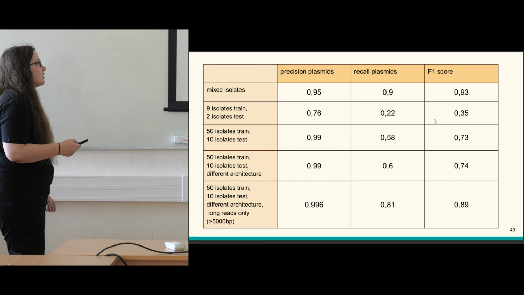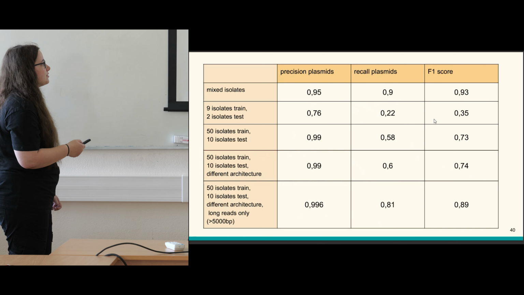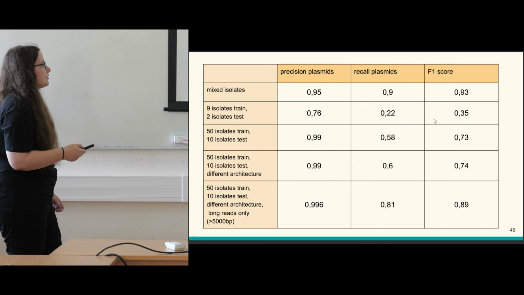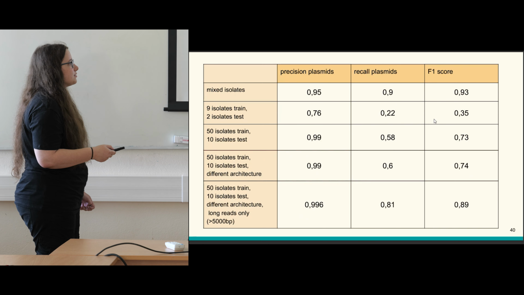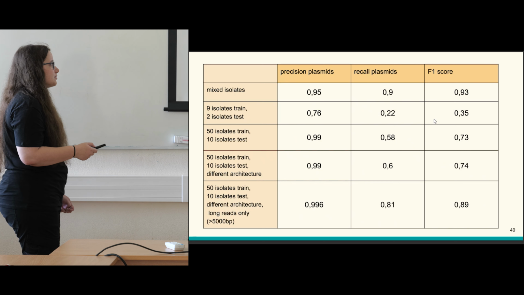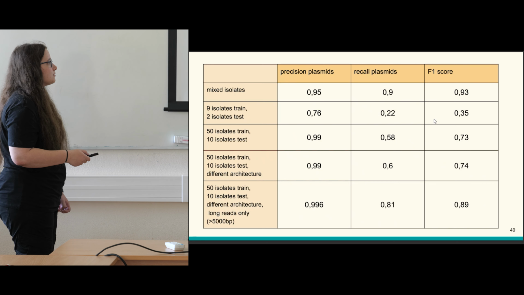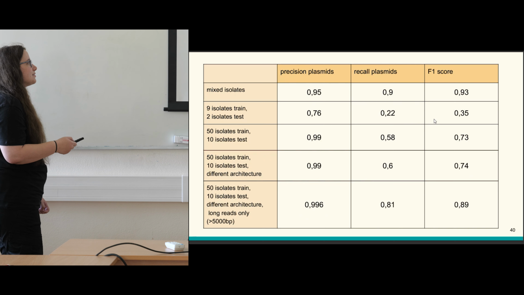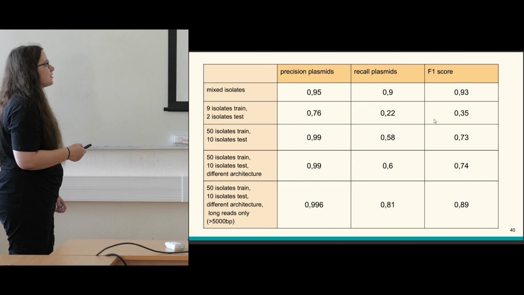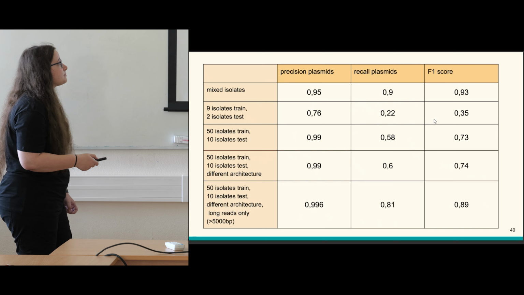And another experiment we did is that we decided to classify the long reads only. And this way we were able to get 80% recall, which is the best result we get so far. In the bioinformatic context, setting such a threshold isn't that bad, because what we care the most about are the long reads.